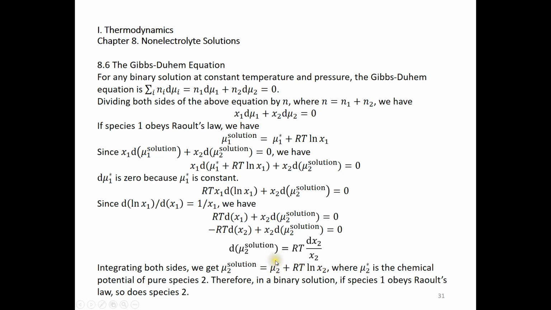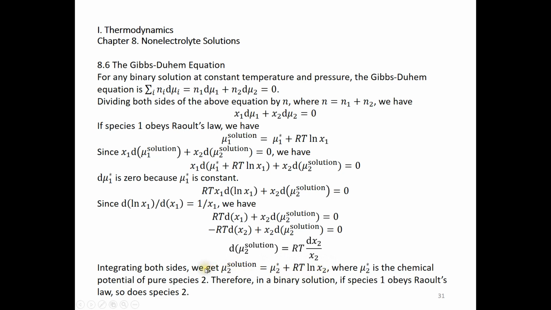Mu2 star is the chemical potential of pure component 2. x2 is the mole fraction of component 2 in the solution. So again, the chemical potential of component 2 in a solution is lower than mu2 star by this amount. This amount depends on its mole fraction.